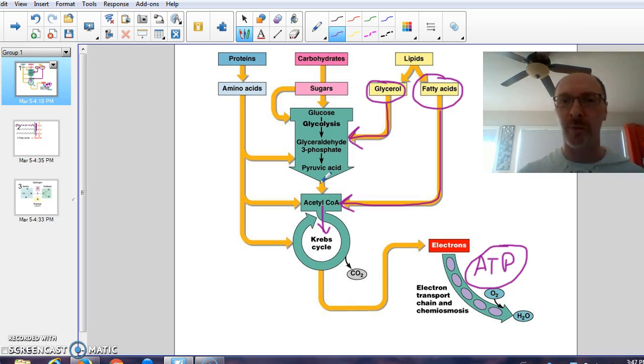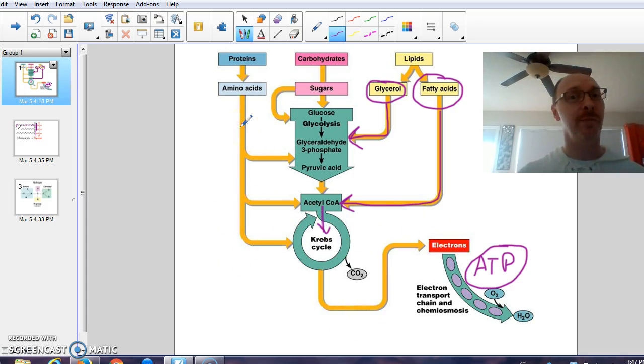The body will turn to its fat stores as a source of energy, and when we do that, we start to lose weight. So if you're dieting and reducing the amount of carbohydrates and the number of calories, but your body still needs to function to handle your exercise and day-to-day activities, then it'll use the triglycerides in the way I just demonstrated and use that for ATP production, and so you lose weight.